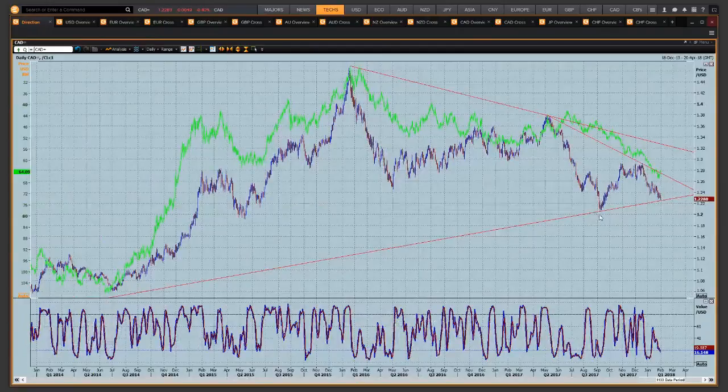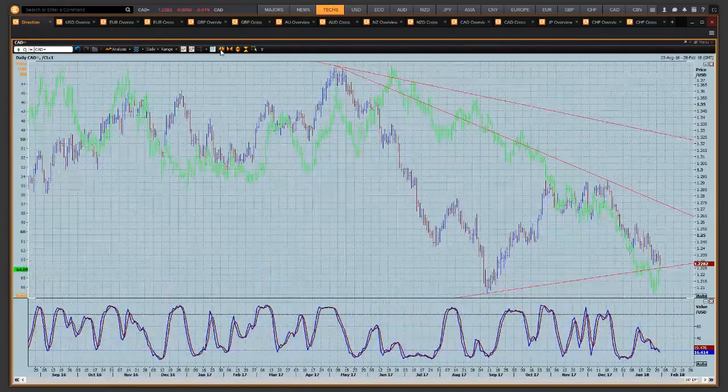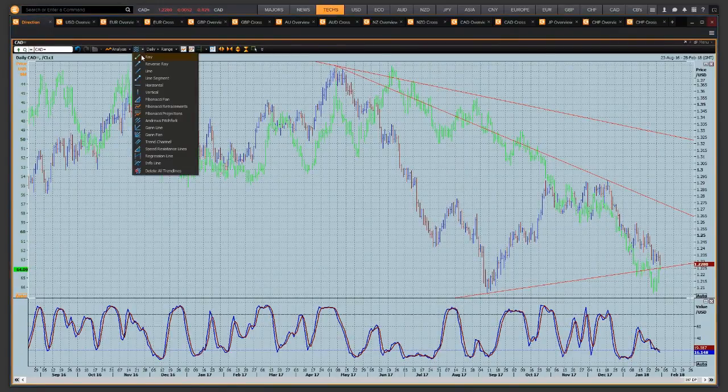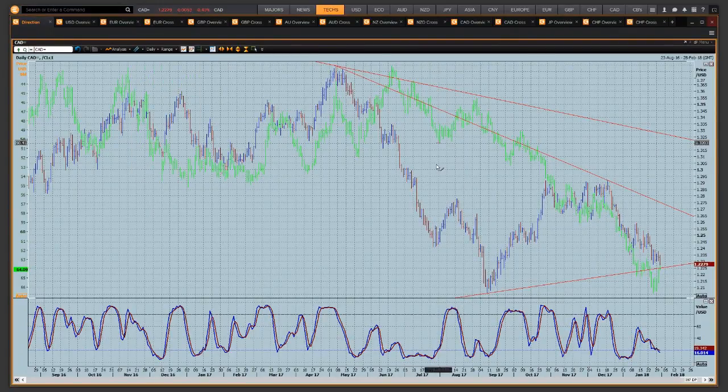You can see dollar CAD's a little bit all over the shop, whipping about on some crazy numbers. To me, it's a little bit of a tough one, but right at this point in time over the last month, we have been sort of belting to the downside. If I just extend that left, you can sort of see where you're trying to isolate the general movement.